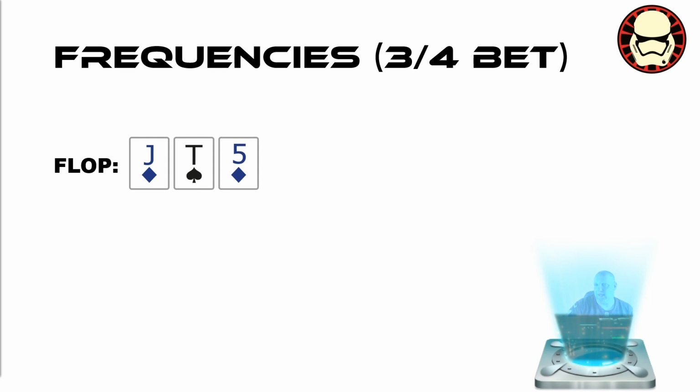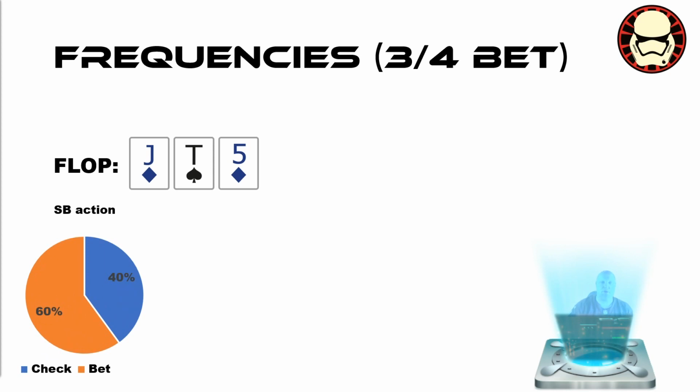The thing is that the small blind's range hits that flop stronger than the button. The button has a wide range, and the small blind's 3-betting range connects with Jack-10 very often. So in the solver, the overall small blind strategy is to bet around 60% with 3/4.